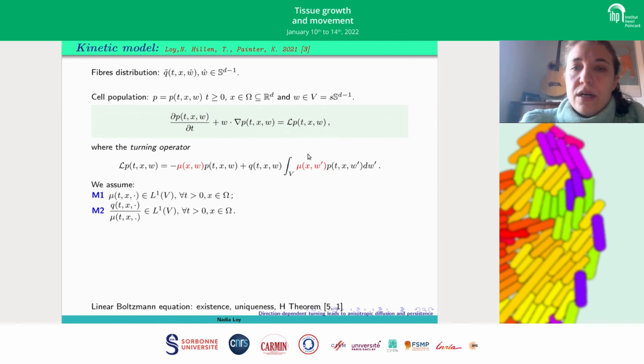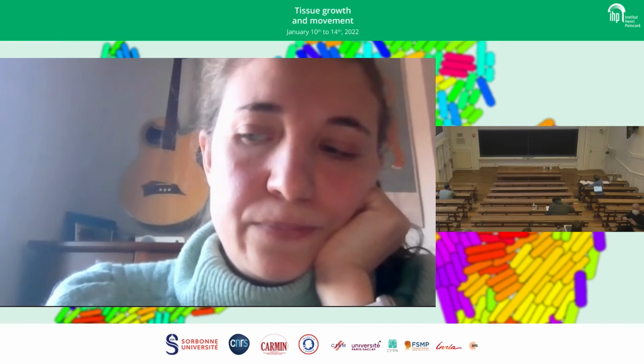You only have conservation of mass, and in particular here, P does not appear explicitly. You cannot use an implicit integration, so it's just an explicit integration of the turning operator, and I have specular-reflective boundary conditions.